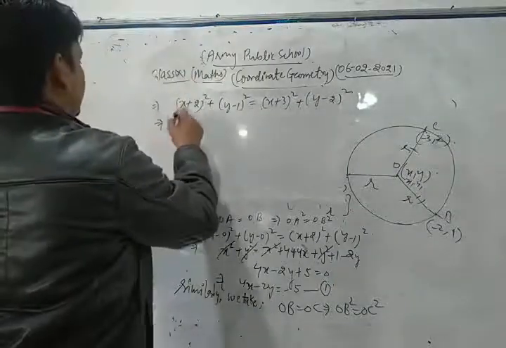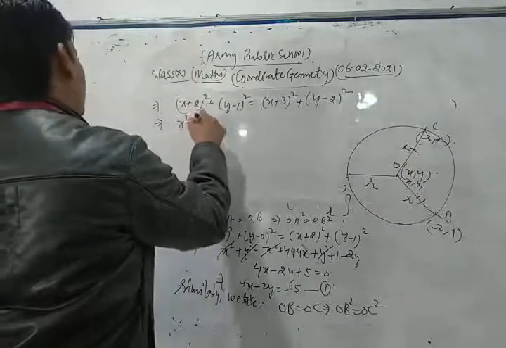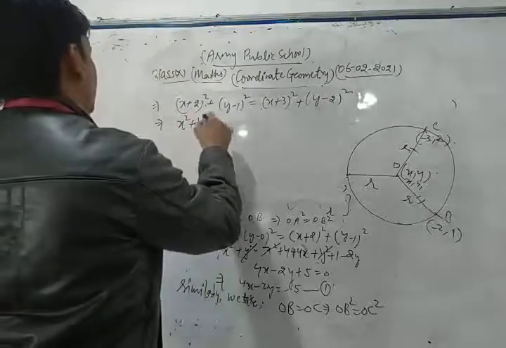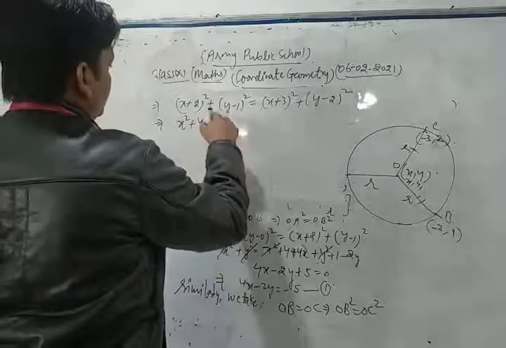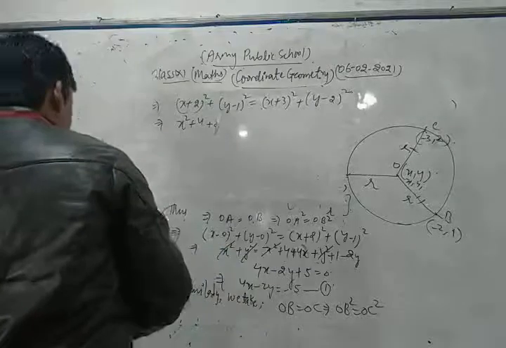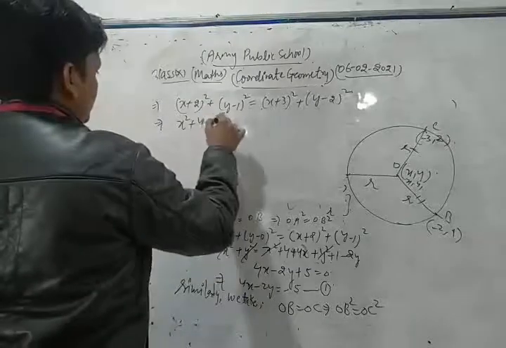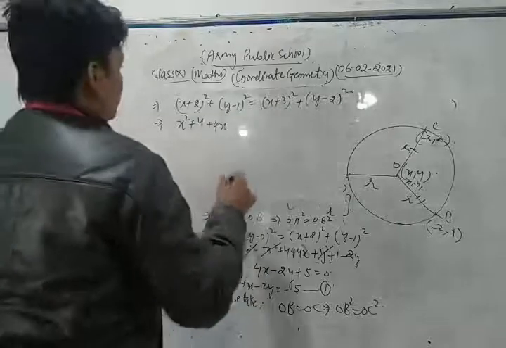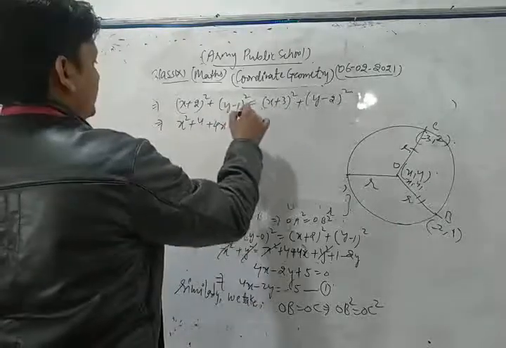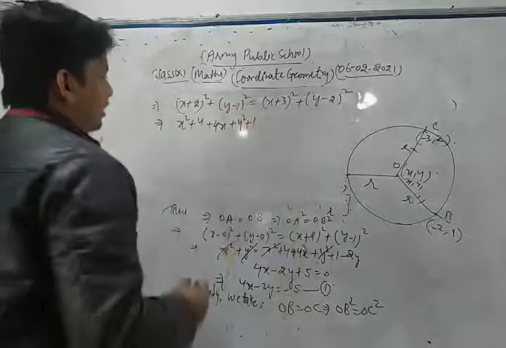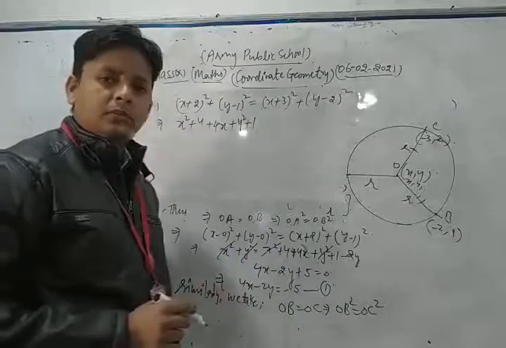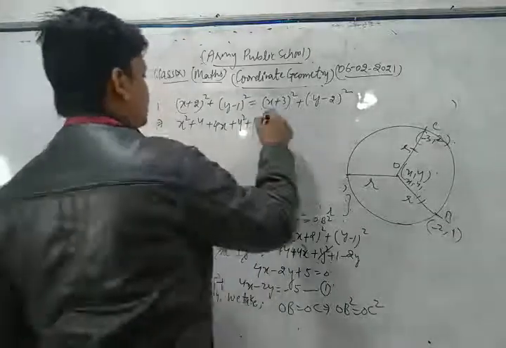So we get a square plus b square plus 2ab. Here 2ab means 2 times x times 2, that is 4x. This is a square plus b square minus 2ab, minus 2y.